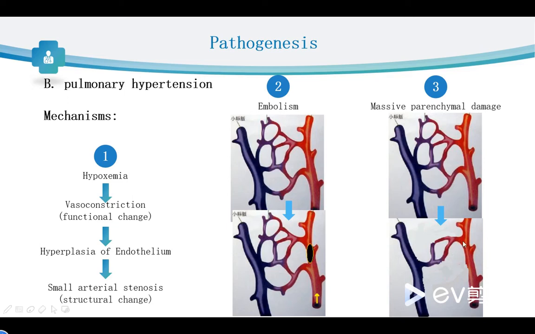So, it's hard for blood to transfer from the artery to the veins, and the pressure in the artery will increase. Those are the three popular mechanisms of pulmonary hypertension.